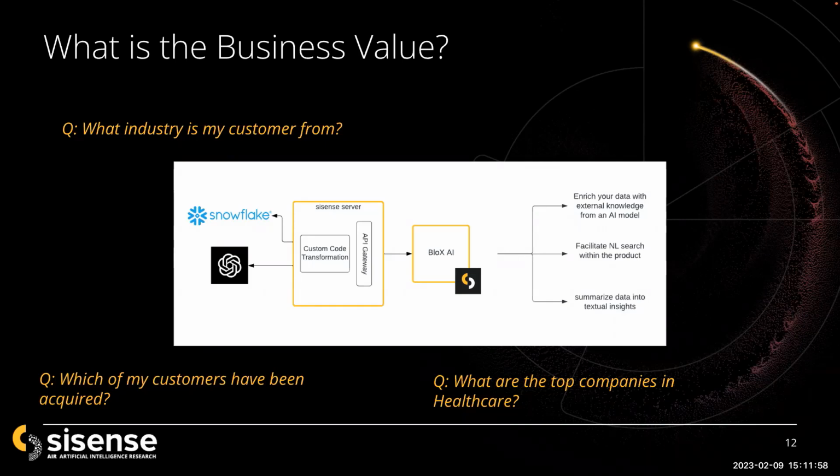So those are 2 scenarios. And you'll see examples of how we're doing natural language search within the product using GPT. And also, we can summarize data coming from widgets or the dashboard into text, which is natural language generation.